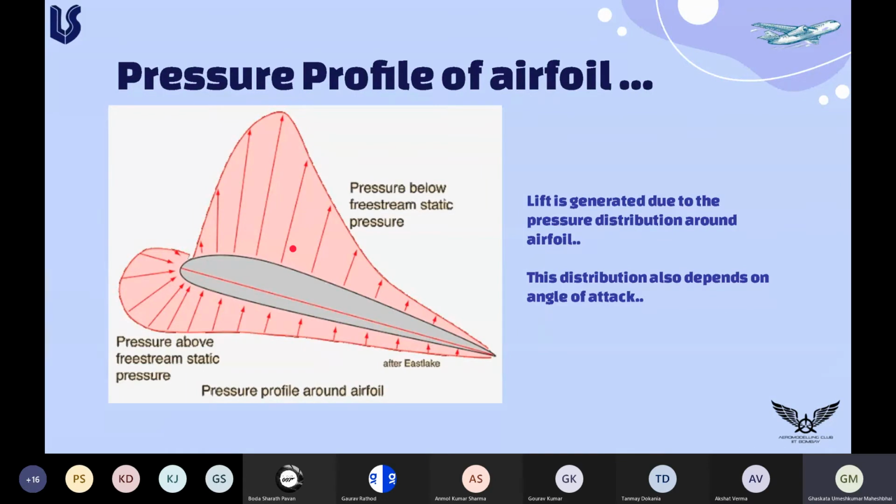Here the arrow is proportional to the difference between the pressure P and P naught, where P is the pressure on this airfoil, and P naught is the outside pressure. So the magnitude of the arrow is proportional to the difference between these two.